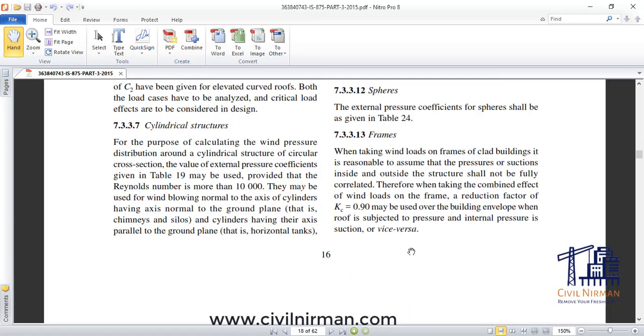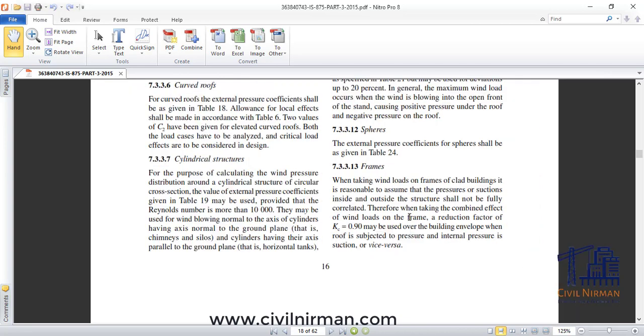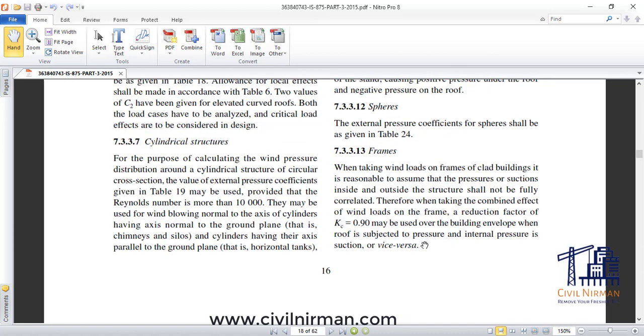Now see, for KC value, there is a clause specified over here. When taking the combined effect of wind loads on the frame, a reduction factor of KC 0.9 may be used over the building's envelope when the roof is subjected to pressure and internal suction, or vice versa.